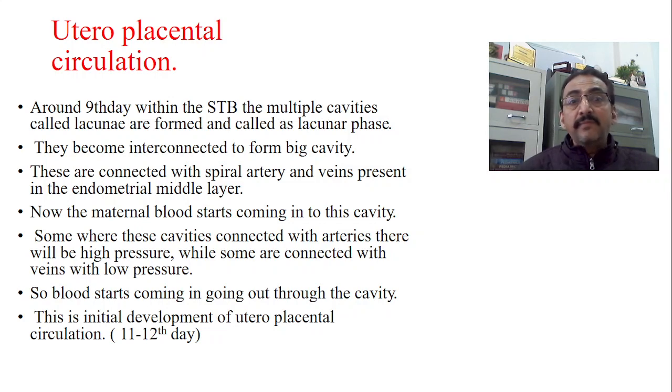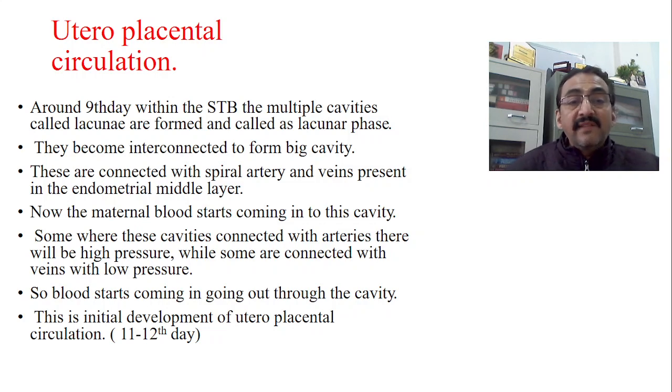Previously the lacunar spaces were formed and connected to each other, forming a big cavity. To this cavity the arterial supply now starts, and the maternal blood starts moving into this cavity.